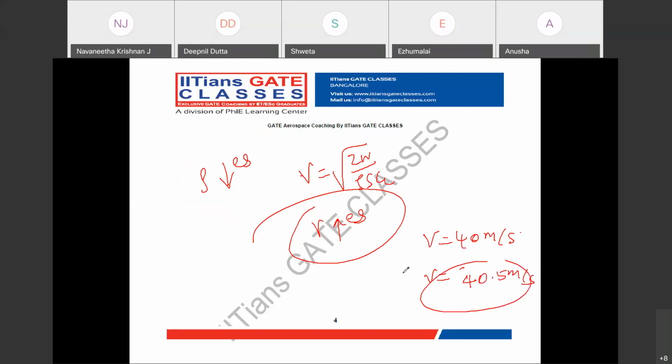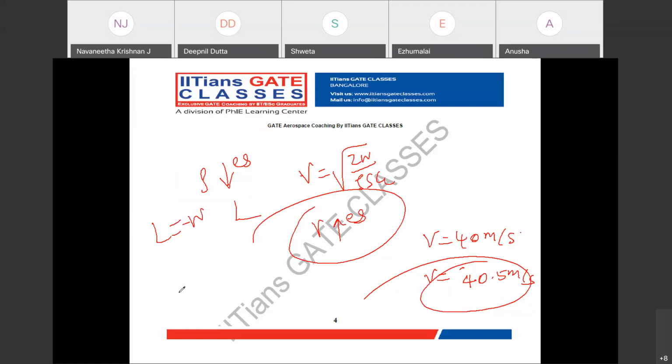So if you travel at a higher velocity, you can maintain steady level flight even though density decreases. In order to compensate for the decreasing density, you have to increase the velocity to maintain steady level flight. What is steady level flight? Lift equal to weight. When lift is not balanced by weight, you cannot maintain steady level flight.